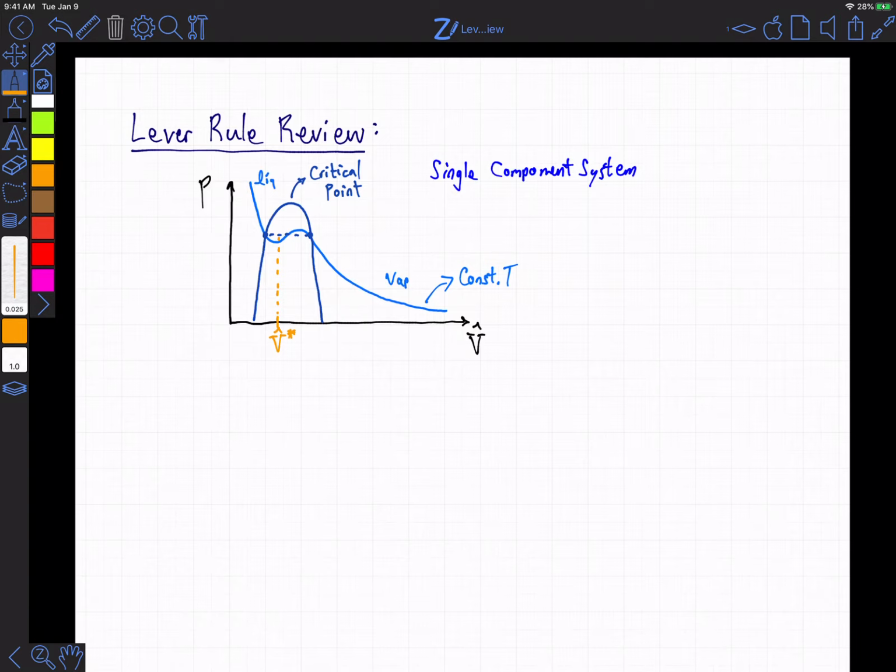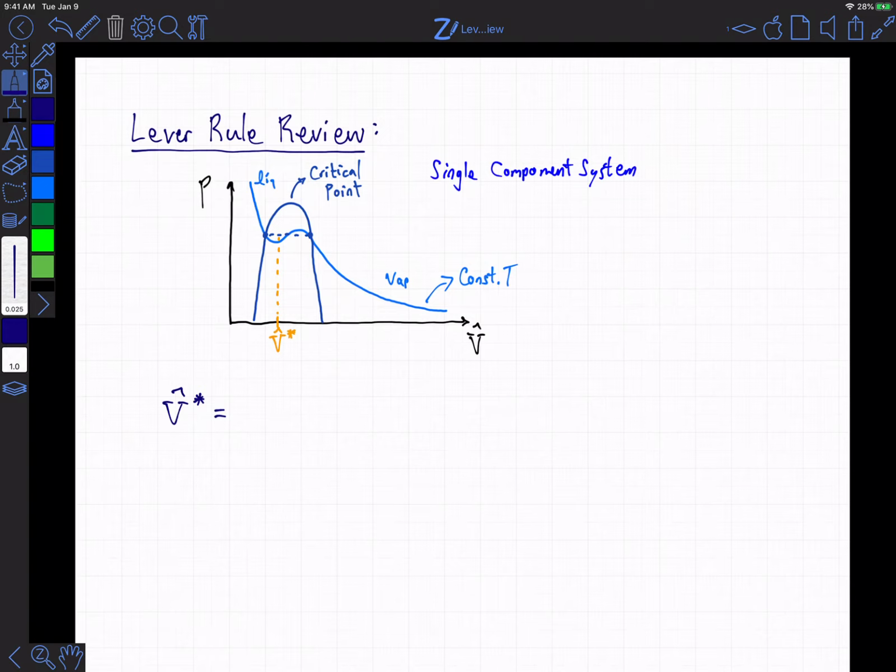And so to do that, we can use this idea of the lever rule. And so what we can start out by doing is saying that if we use our piston system to set this specific volume V star, then we know that all of the liquid and vapor in the system have to add up to this.